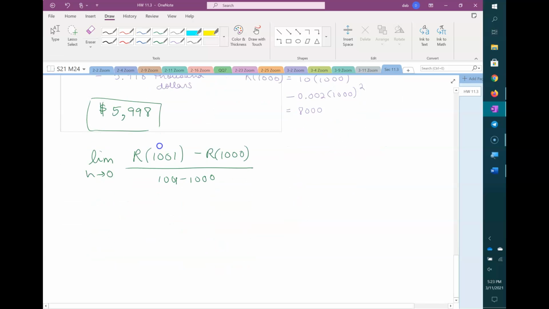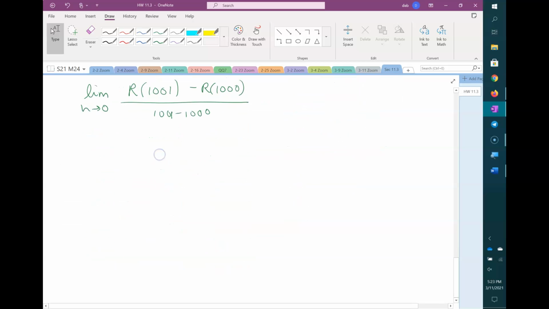Okay, so here's what we're going to do. We're going to say R of A plus H. That's going to be 10 times A plus H minus 0.002 times A plus H squared. And we're going to work out what that is in algebra.